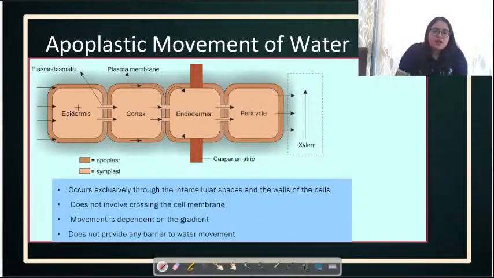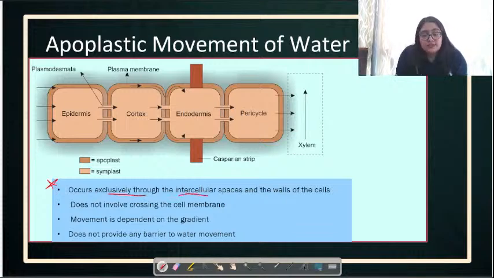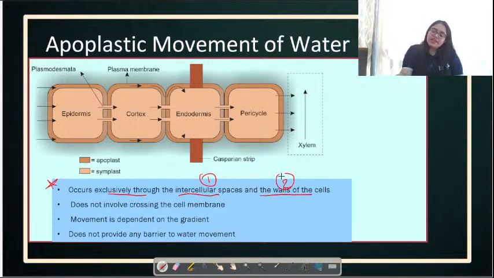Next, let us talk about some characteristics of apoplastic movement of water. First, it occurs exclusively through the intercellular spaces that I have already told you, and with the help of the walls of the cells. So whenever you listen about apoplastic movement of water, that means it will be via the space present between two cells as well as through the cell wall, right?